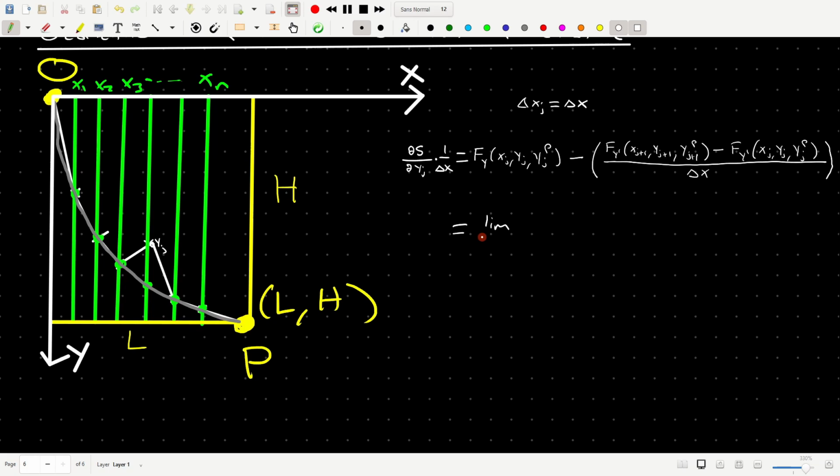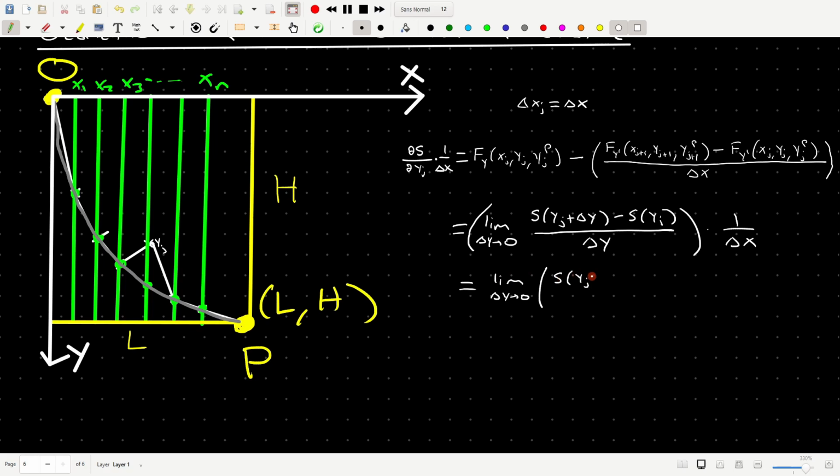as delta y goes to 0 of s at yj plus delta y minus s at yj over delta y, times 1 over delta x, which we can bring the 1 over delta x into this expression to write the limit as delta y goes to 0 of s at yj plus delta y minus s at yj over delta y times delta x.